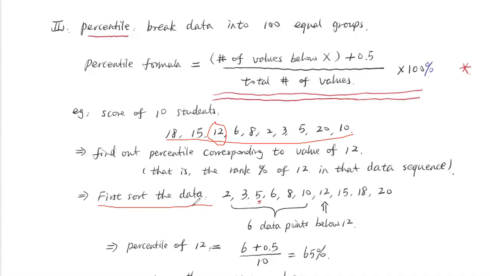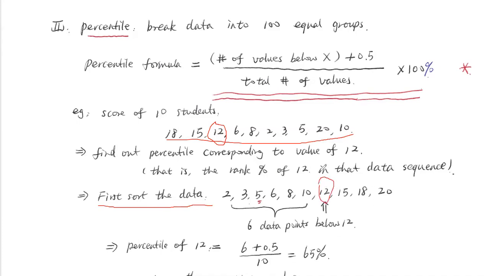In fact, it's the most common technique when you deal with real data. When you sort the data, you will see that more clearly. So first, we sort the data, usually low to high. So now we find out where this 12 is, we got this person here.